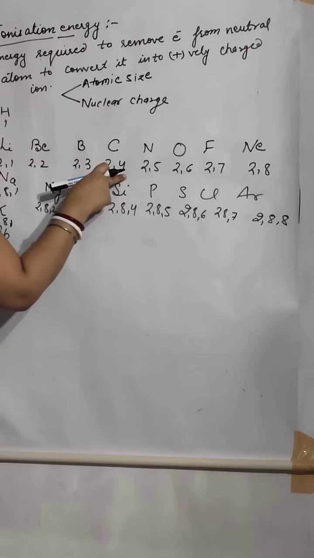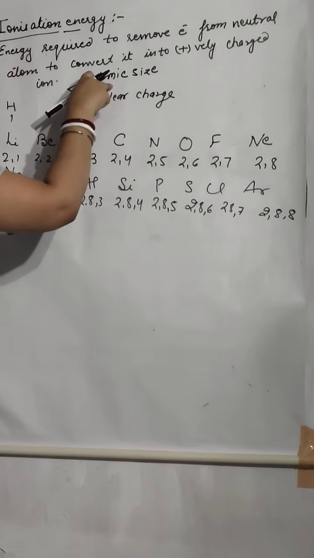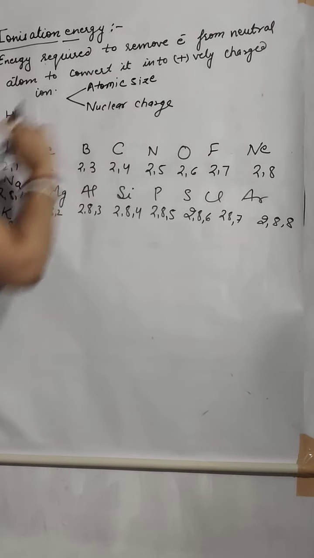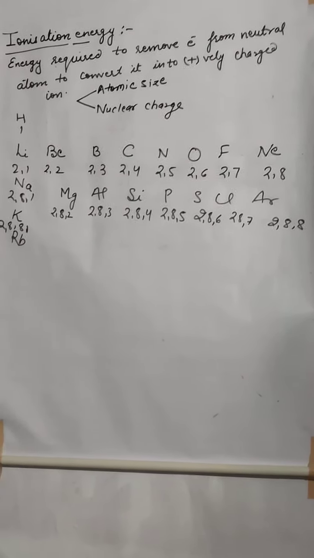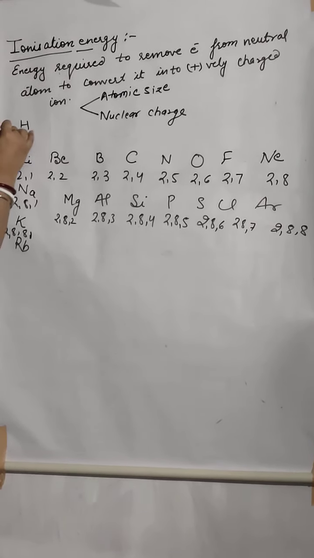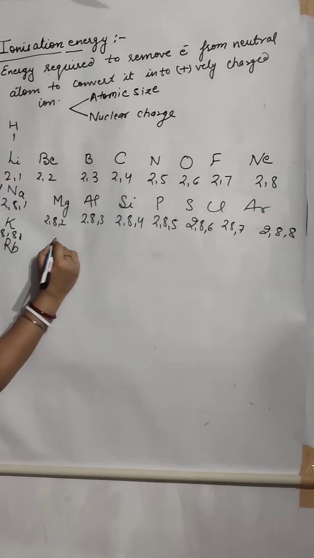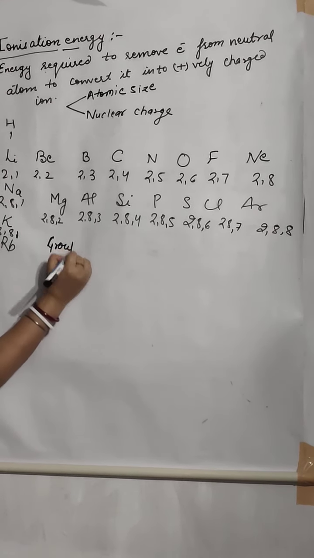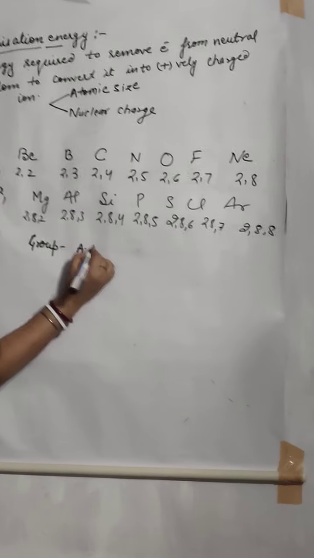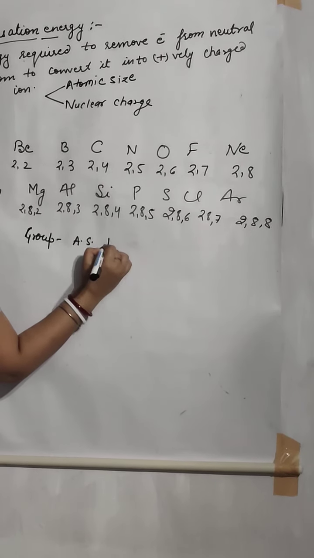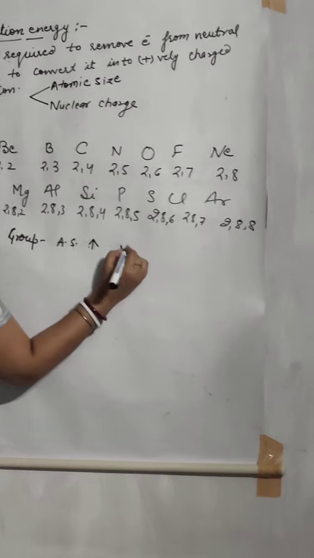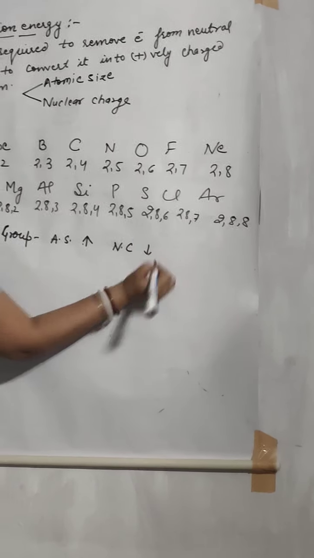When you move left to right in a period, atomic size decreases and nuclear charge increases. Now listen very carefully: when you move down in a group, atomic size increases and nuclear charge decreases.